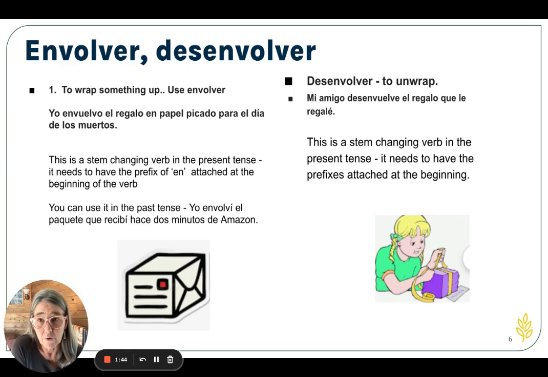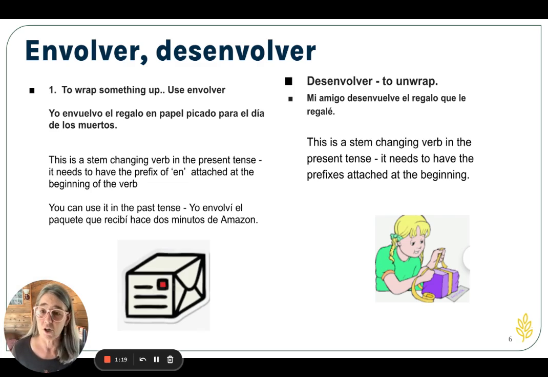Envolver and desenvolver are just extensions of the verb volver. So we put a prefix, envolver, to wrap something up. This is not like a big mystery word. Desenvolver has two prefixes, des and en, to unwrap, right? So volver here means to return, but in this case, it means something completely different.